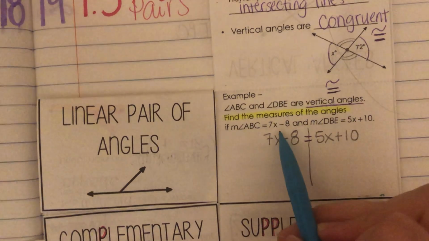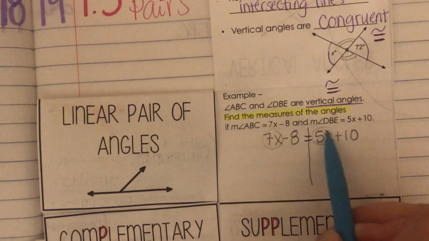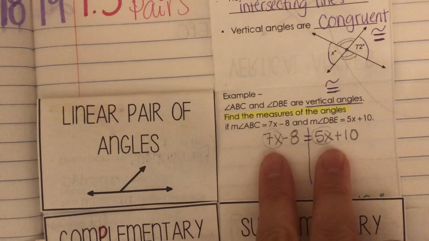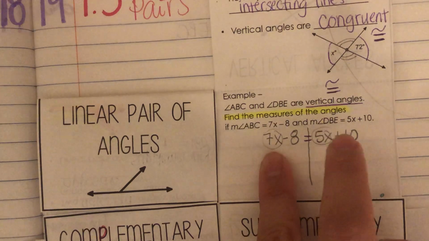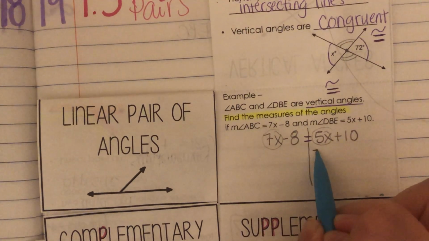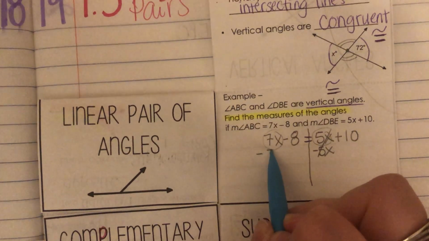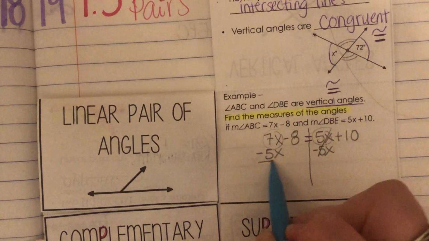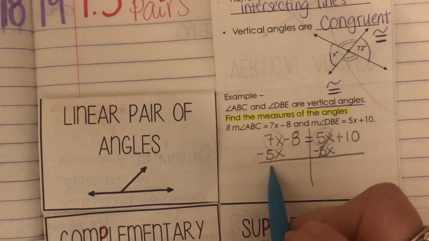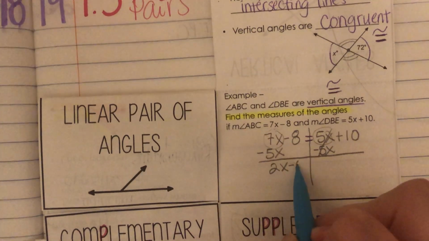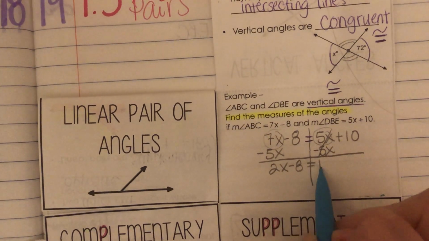All right, my x's, I'm going to take care of them first. They're on the opposite side. Notice the line is in between my fingers. So I'm going to take the smaller one and do the opposite on both sides so that I can move it to the other side. That would give me 2x minus 8 equals 10.